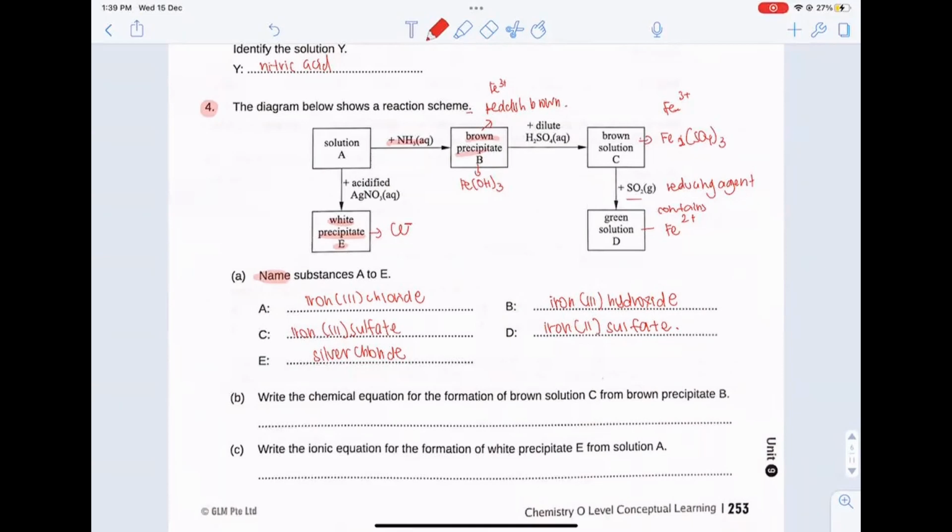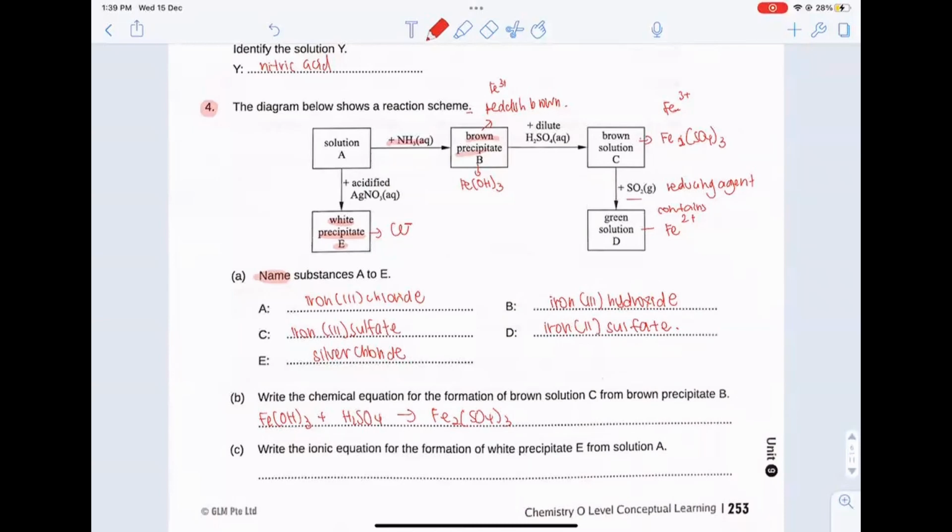Next part B, write the chemical equations for the formation of brown solution C from brown precipitate B. So brown precipitate B is Fe(OH)3 plus dilute H2SO4 give you Fe2(SO4)3.